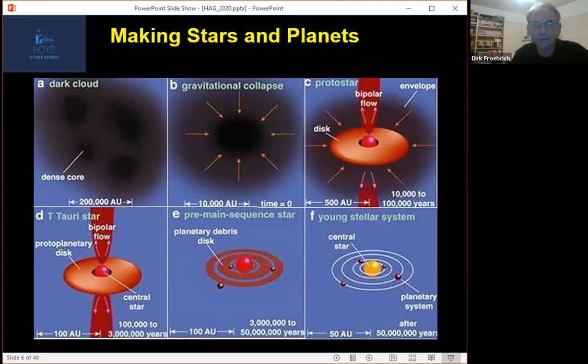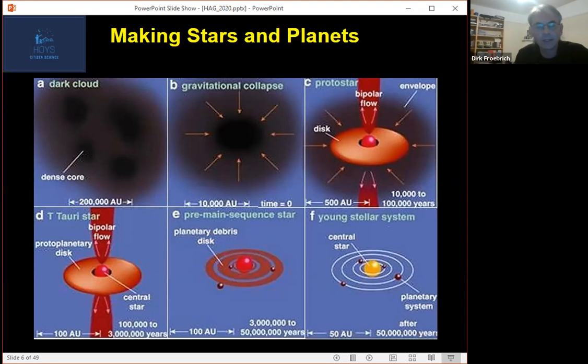So they're extremely massive. They're mostly made up of molecular hydrogen. That's where the name comes from, molecular clouds. Molecular hydrogen makes about 3/4 of the mass of those clouds. The other quarter is helium, and about 1% of the mass in those clouds is in small dust grains.